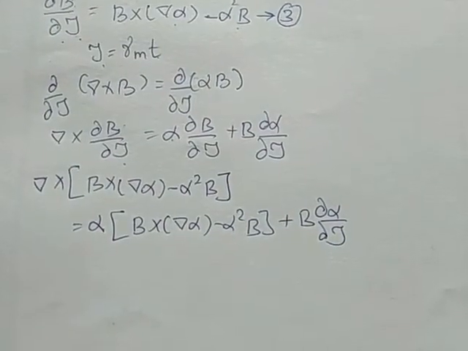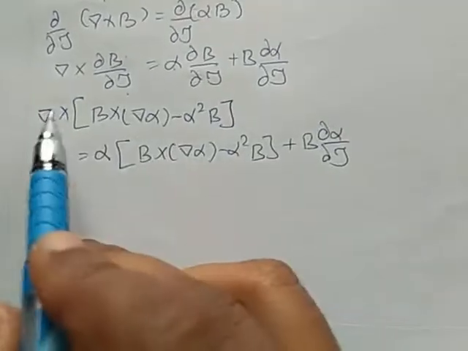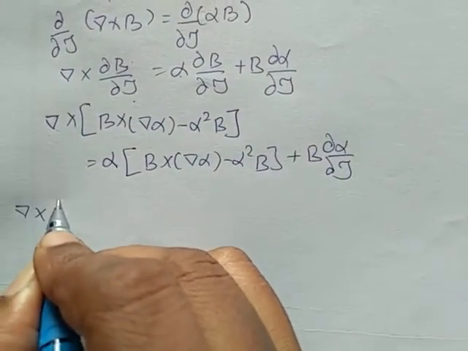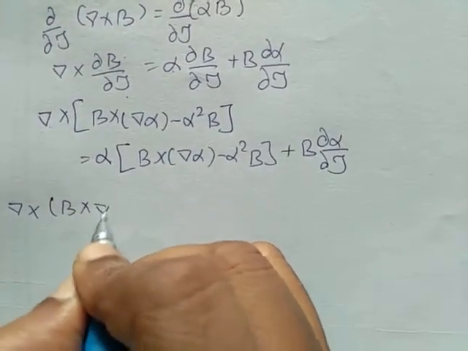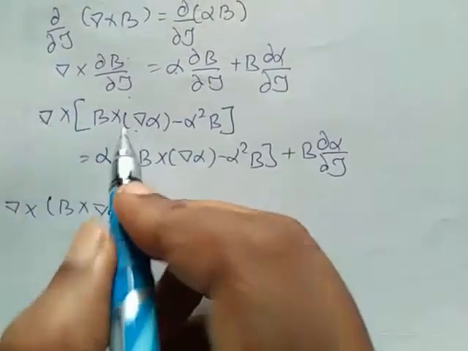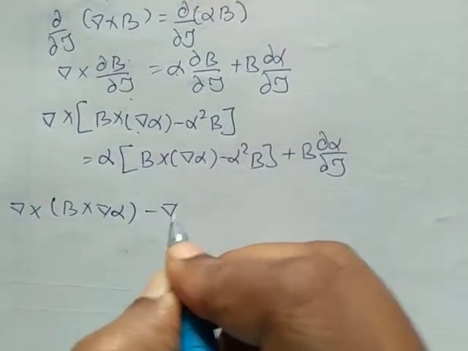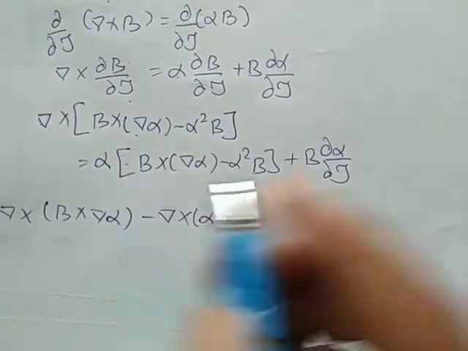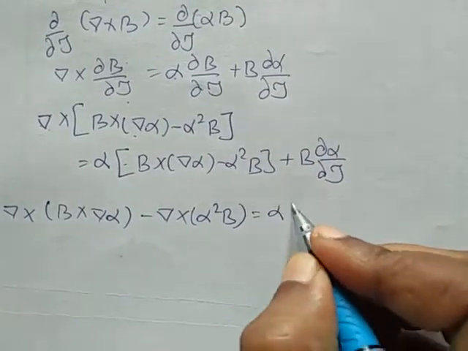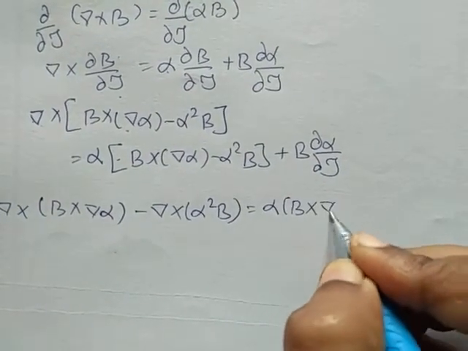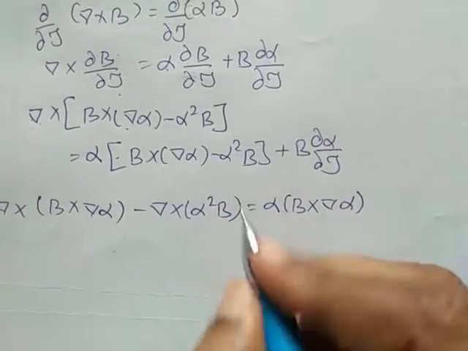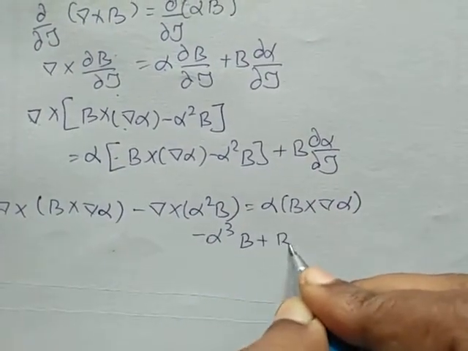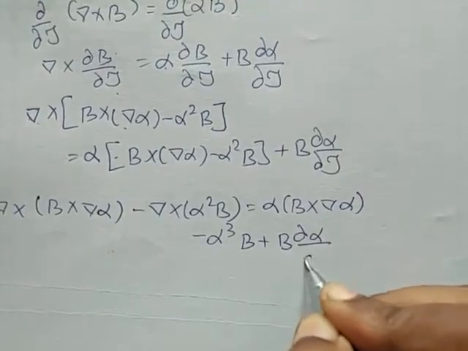Now split the terms. We will get del cross of B cross del alpha, the curl of the first term, minus the curl of the second term, alpha square B, and our RHS is alpha B cross del alpha minus alpha cube B plus B dou alpha by dou tau.